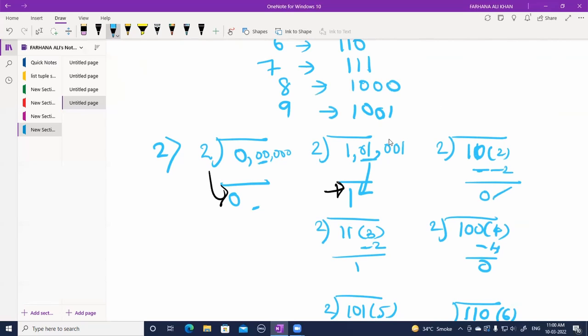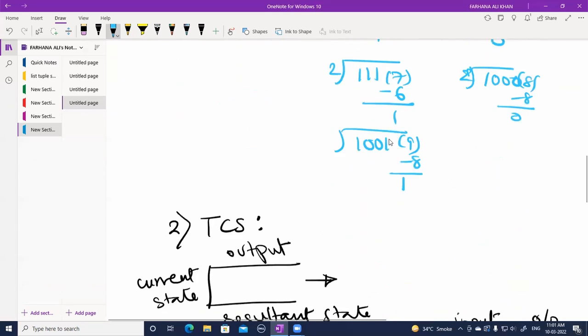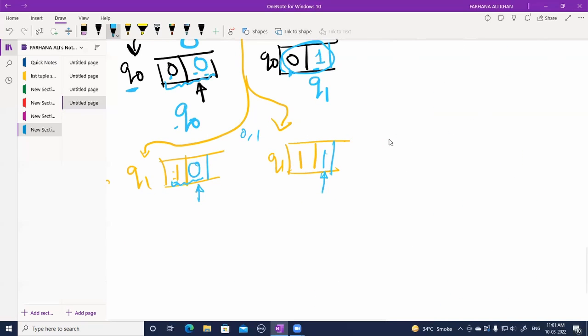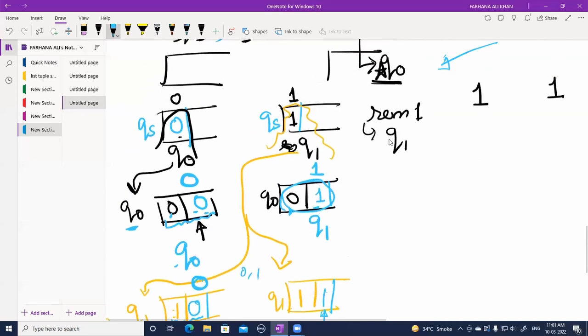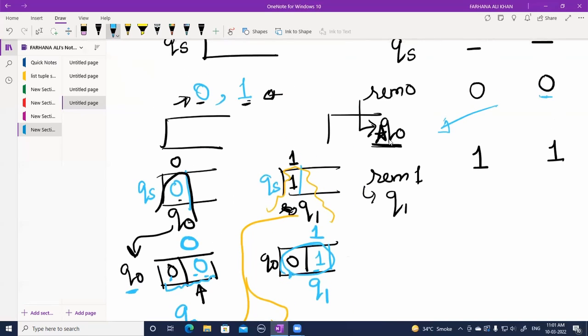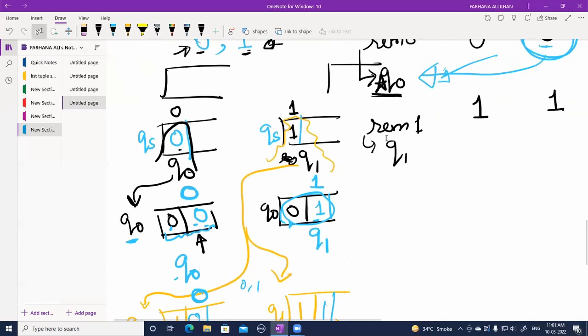What was the output of number 2? Number 2 generates the remainder 0. Have we already considered a state that generated the remainder 0? We had already considered the state whose remainder is 0, that is Q0. So there is no need of generating a new state name.